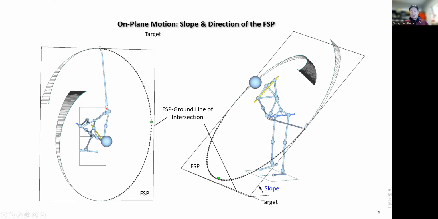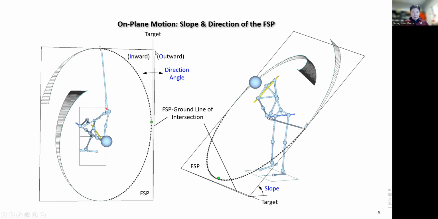With this, the first information we can extract from the swing plane is the slope, the angle between the functional swing plane and the ground. We can also measure the direction angle, the direction of the swing plane relative to the target line. The direction can be either outward or inward.